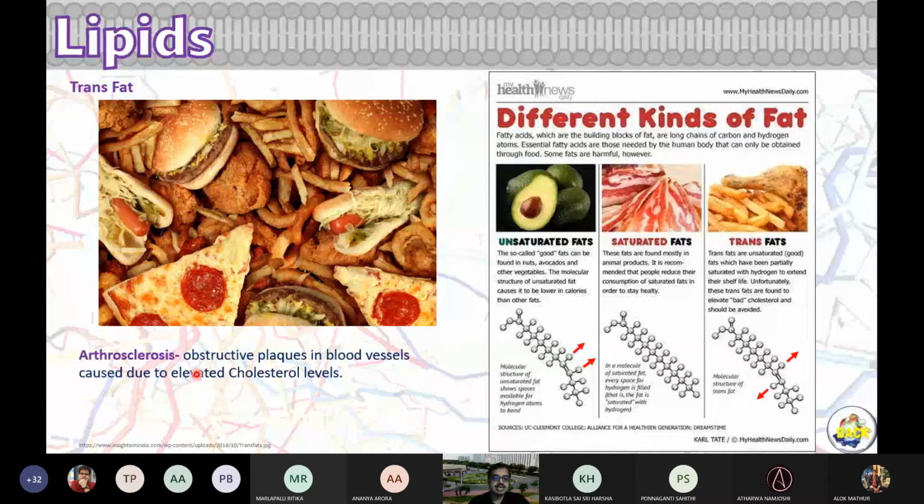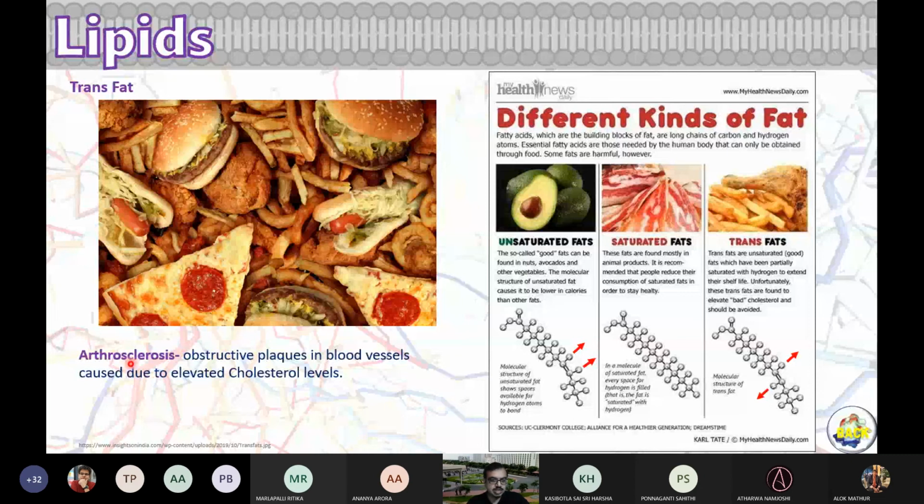Your blood vessels can develop small clogs, so that some of your body parts will not receive blood supply properly. And if that body part is your heart muscle or your brain, then of course it may lead to death. The process is called atherosclerosis.